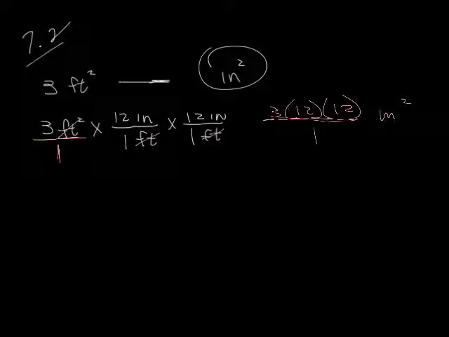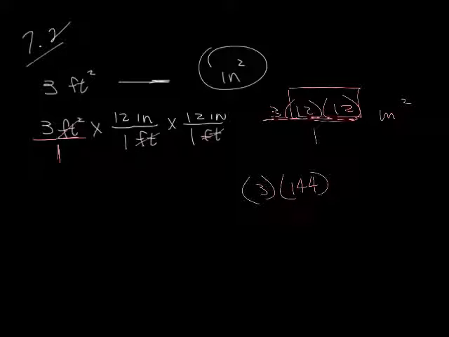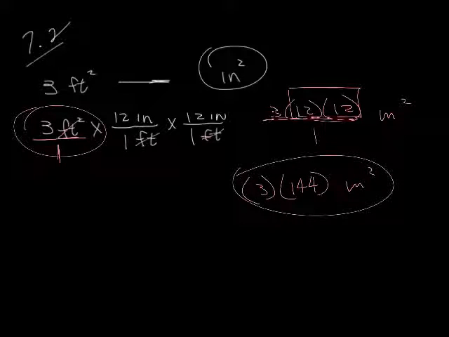So 12 times 12 is 144. And I'm going to multiply that by 3. So whatever 3 times 144 is, which is going to be 400 and some, square inches is what my answer will be. So if I took 3 square feet and found out what it is in square inches, 3 times 144 would be the number that you would come up with.